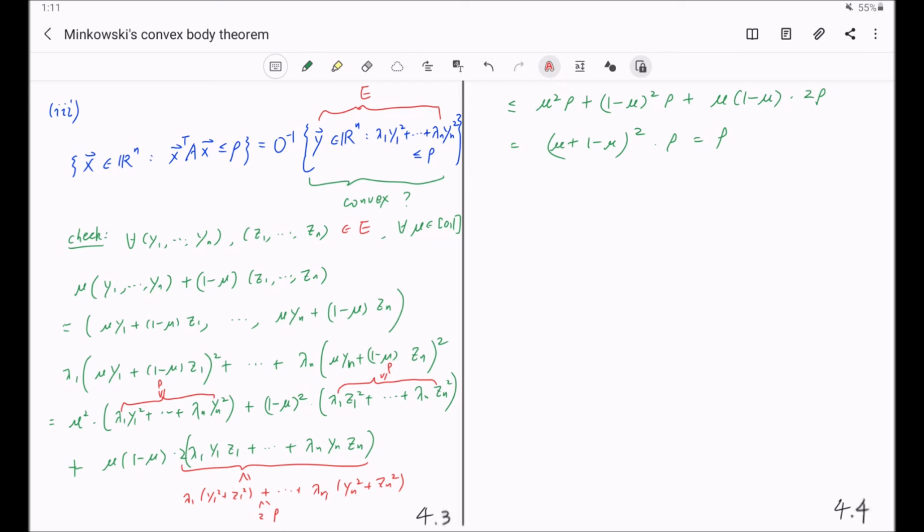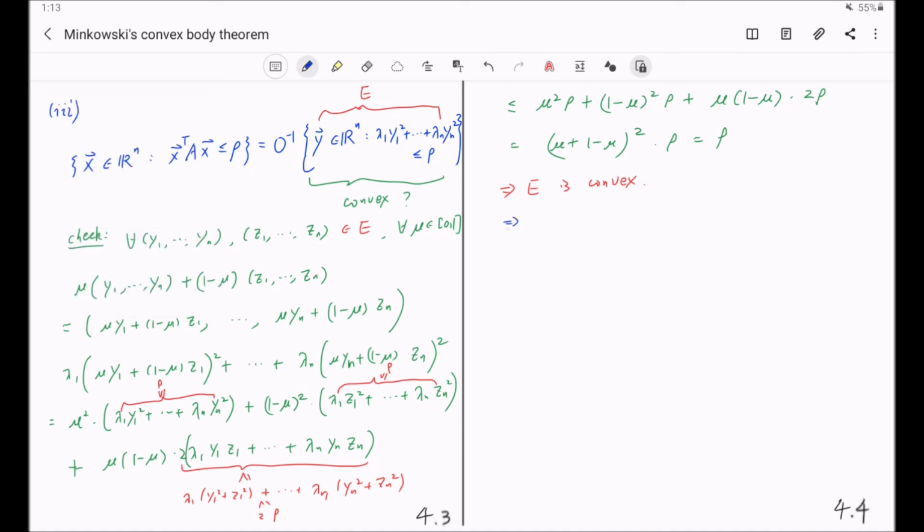So we proved that any such linear combination of those two vectors in E must also be in E. And this proves the convexity of E. Now the set we are dealing with is actually a linear transformation of E. And you know any linear transformation of a convex set is also convex by the linearity of this map.